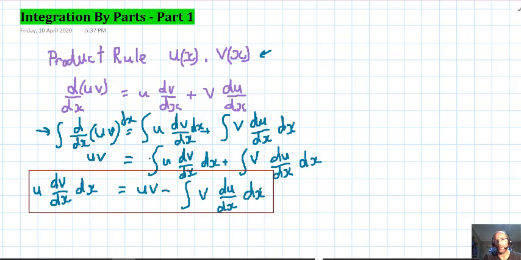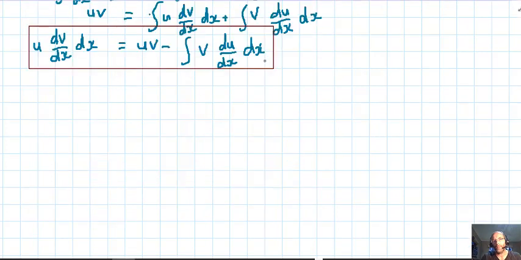Now that is not just a set and forget, that needs to be explained and elaborated on, so let's do that. We use this monstrosity. In fact, how dare you call it a monstrosity? It's not. You might be asking, when do we use it? Well, we use it when we've got a product of two functions, and one is easy to differentiate and the other one is easy to integrate.